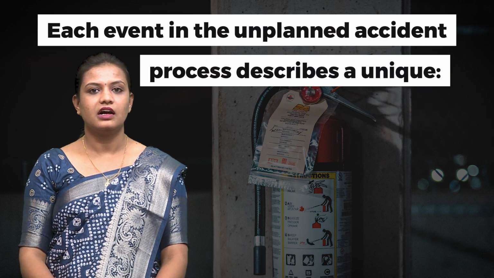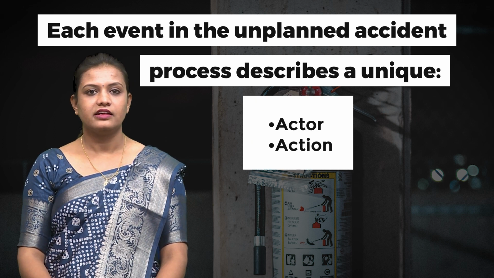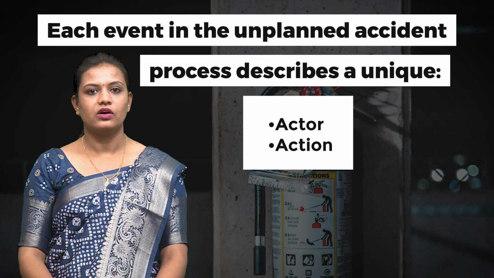Each event in the unplanned accident process describes a unit, that is, actor and action. Actors are individuals or objects that influenced the sequence of events. An actor may participate in the process or observe the process. An actor initiates a change by performing or failing to perform an action.